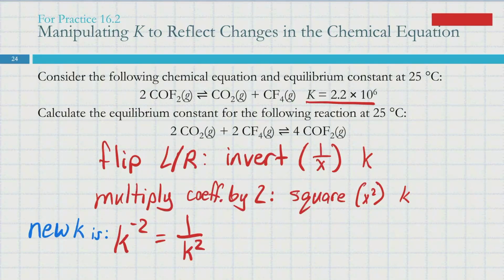So in the calculator, 1 divided by 2.2 E6 to the 2nd power. So like that.